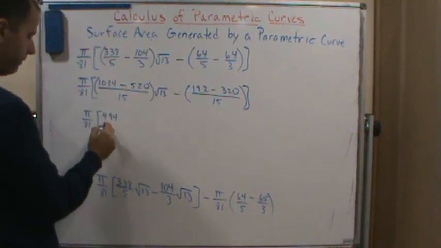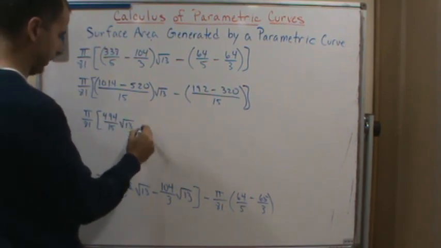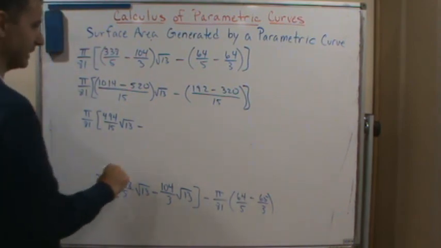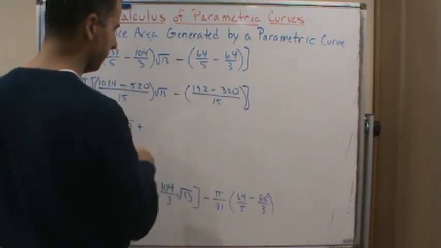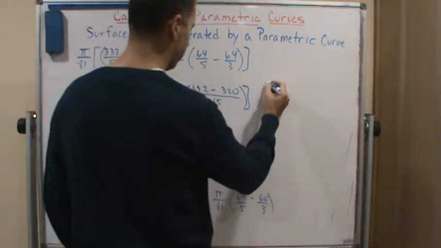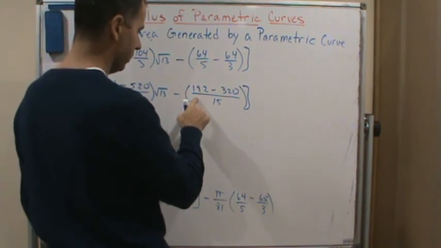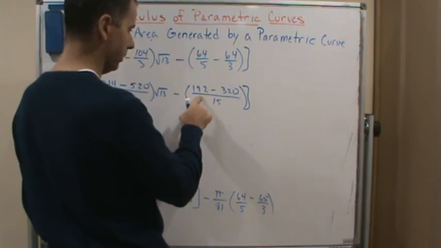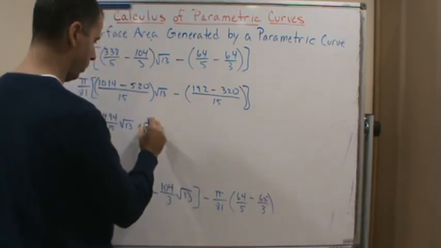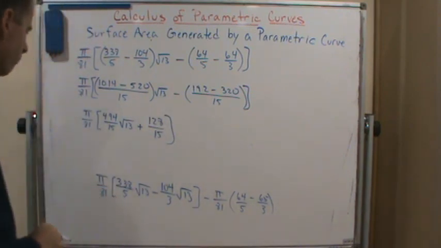Yeah, 494 over 15 times the square root of 13, minus, well, this is going to be plus because subtracted, this is going to be negative. Okay, so 320, so that's going to be 128. So 128 over 15.